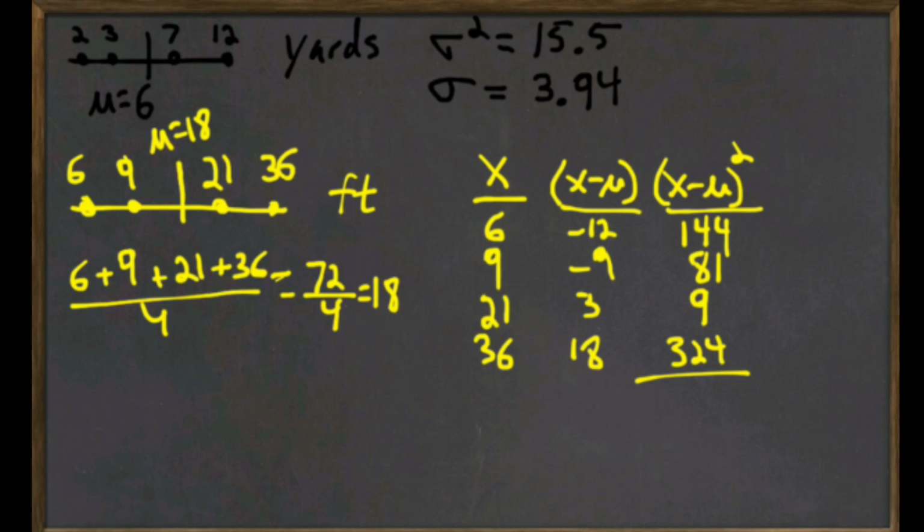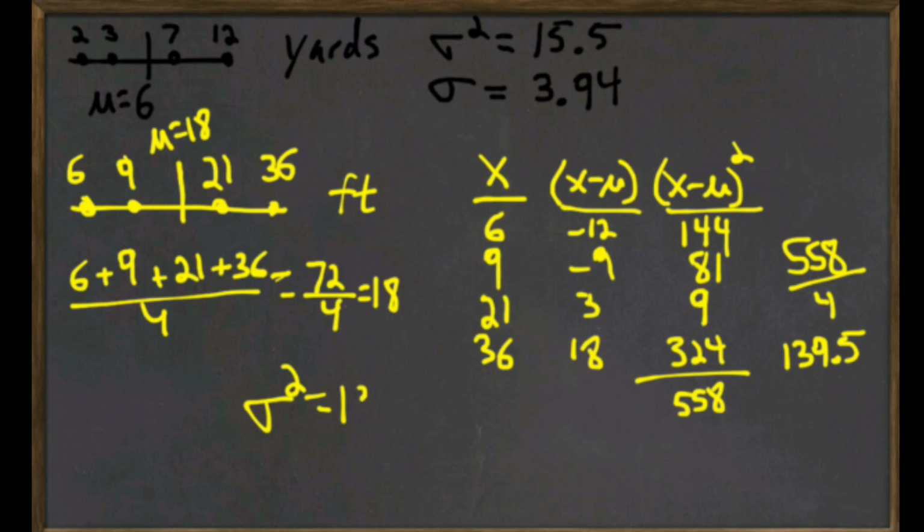So this sums to, I think it's 558. Just to help us along our math here, 558 divided by 4 is 139.5. Okay, so there we have the variance of 139.5.